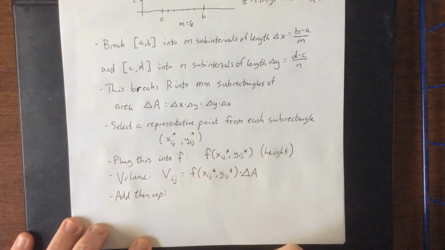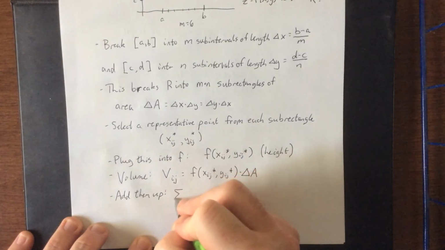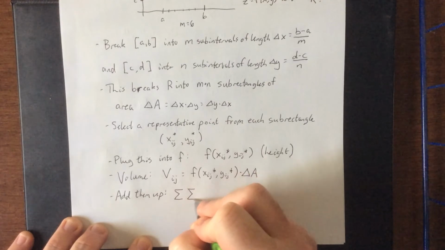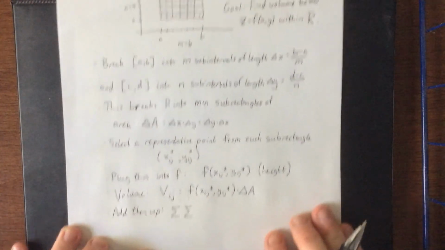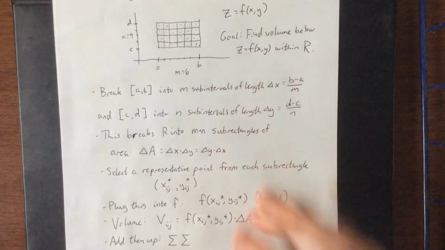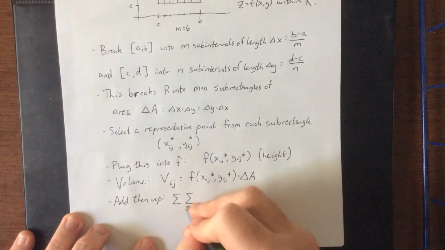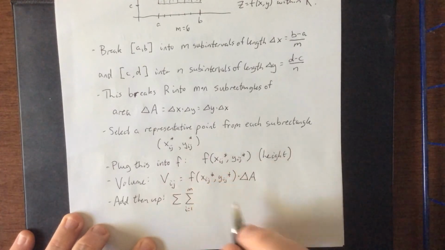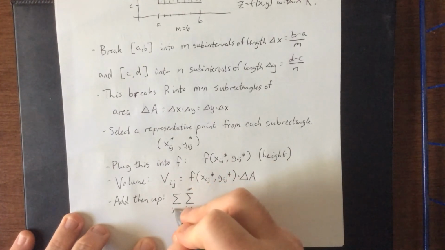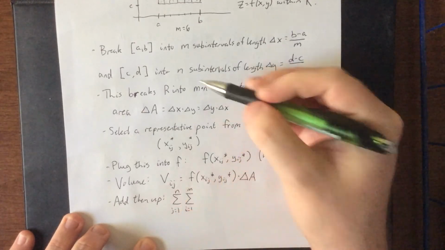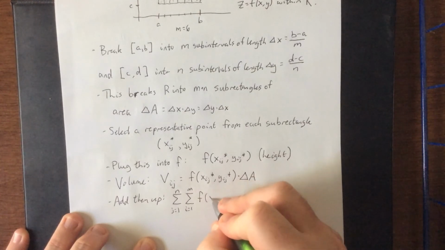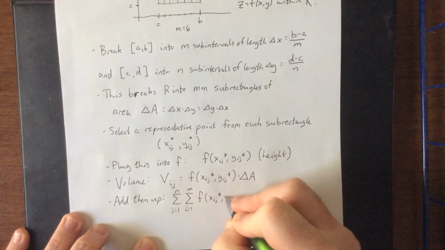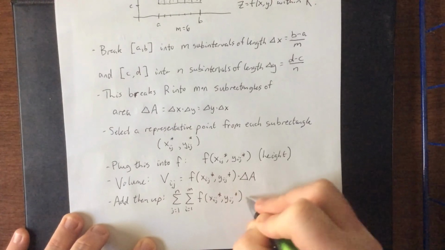Now, because we have two indices, that also means that we are going to need a total of two summations. This is what's referred to as a double summation. Now, i is what we're using for x, and for x we broke that into m subintervals. So we'll say i goes from 1 to m, j is the second one, so j will go from 1 to n, which is what we used for c to d. And we'll take each of these individual volumes and we will add them all up.